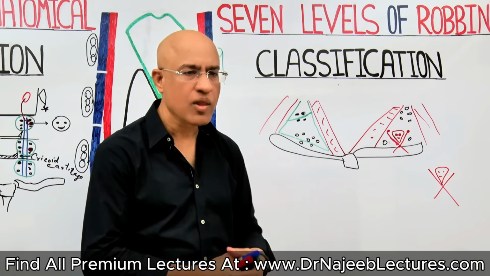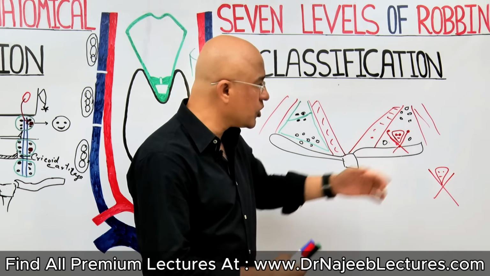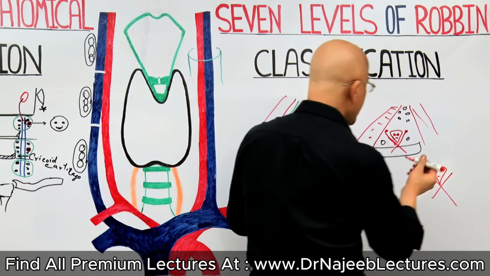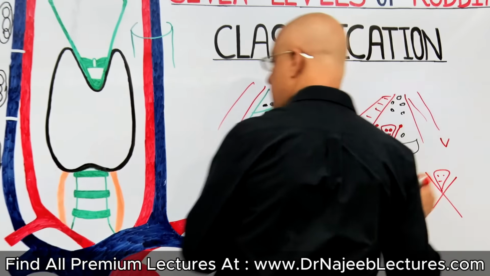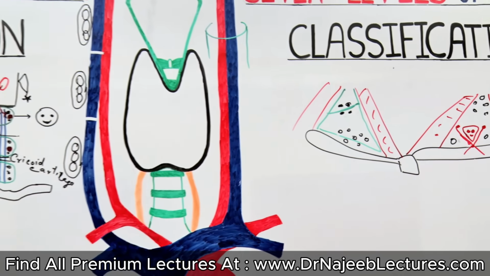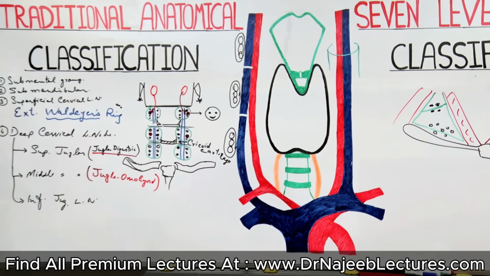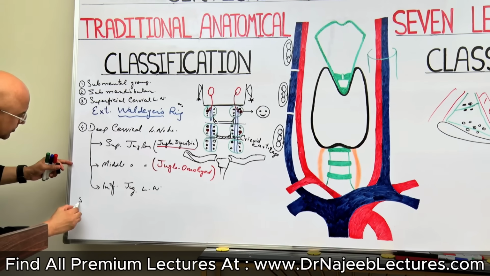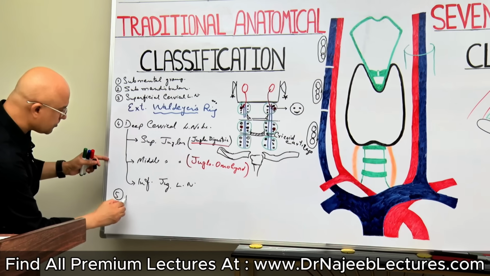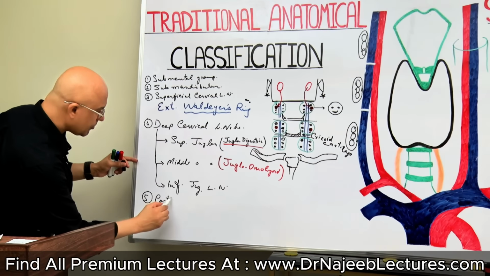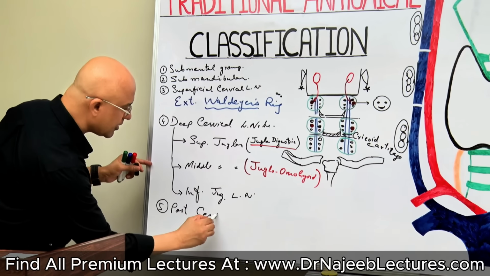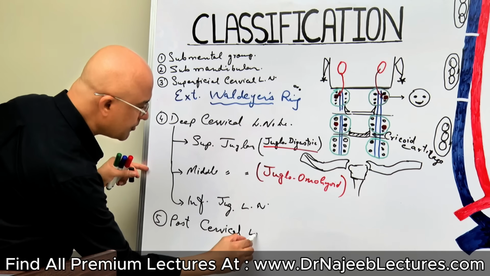Why? Number one, this is called varicose lymph node. What is it called? Varicose lymph node. I will write it here. We were talking about which group now? Posterior cervical lymph nodes.